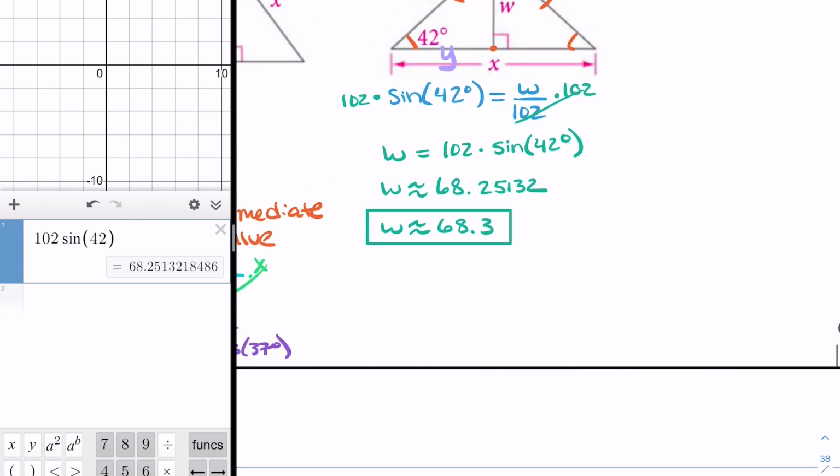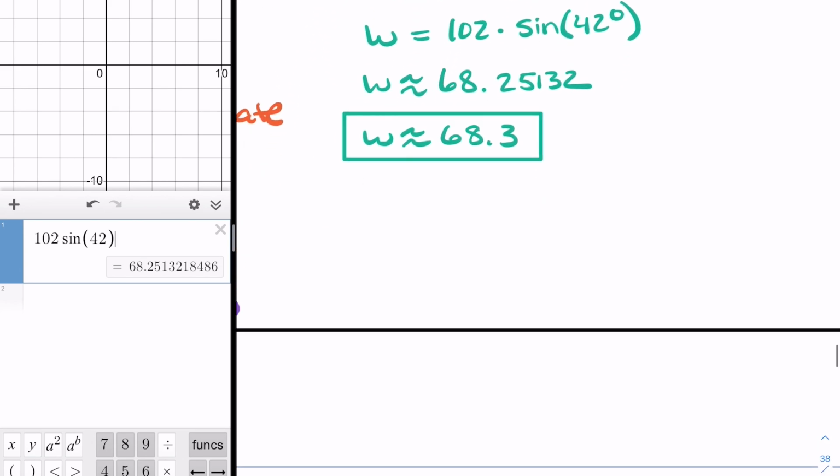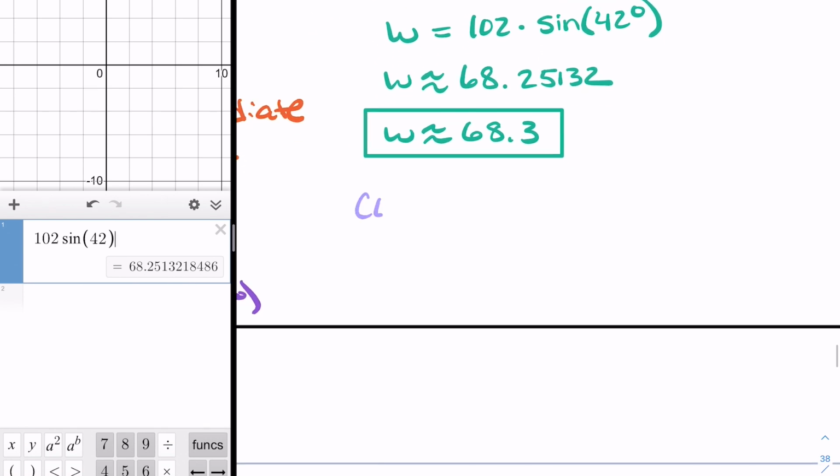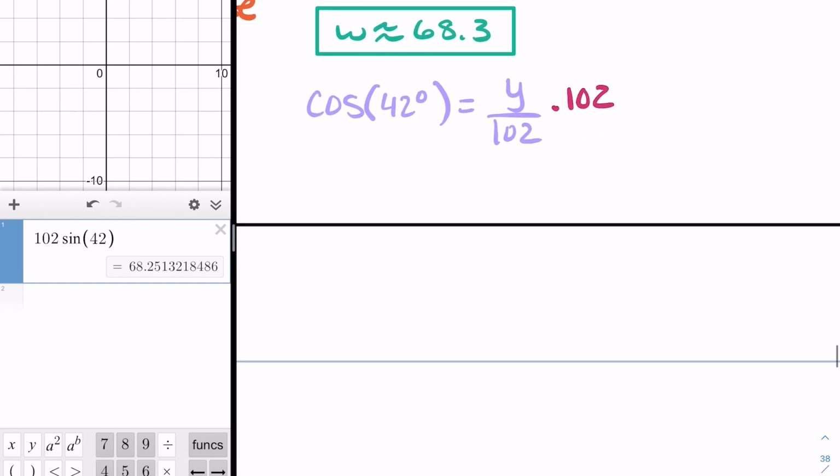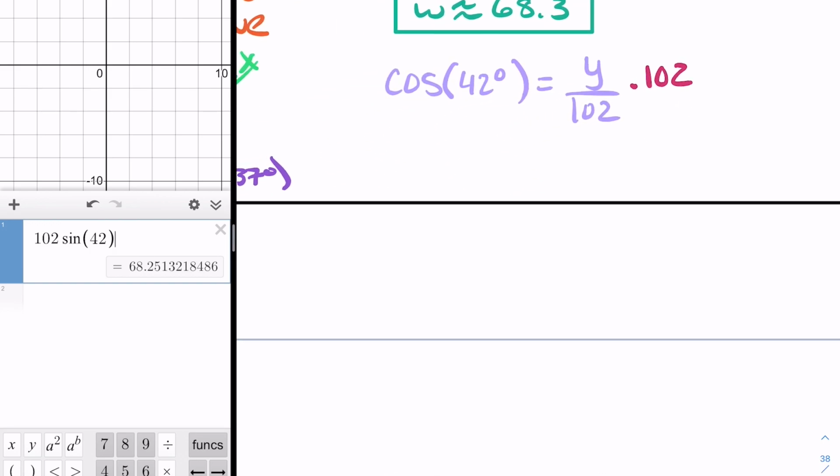So I'm going to do the cosine of 42. The cosine of 42 degrees is equal to y over 102. So just multiply both sides by 102. Again, it's the adjacent to 42, the adjacent over the hypotenuse. So we get 102 cosine of 42 degrees is equal to y.